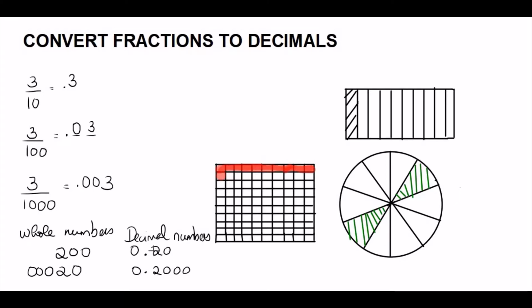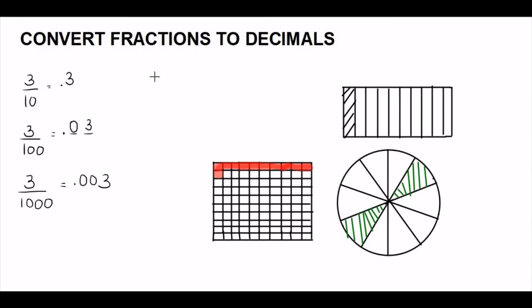But if you add a 0 in front of that digit, then 0.02 is not the same as these two numbers. But these two numbers have the same value, that is 0.2. But this number is entirely different from 0.20. This is 0.02. That is, when you add 0 in front of the number, it changes the value of the number in case of decimal numbers. It's just the reverse.